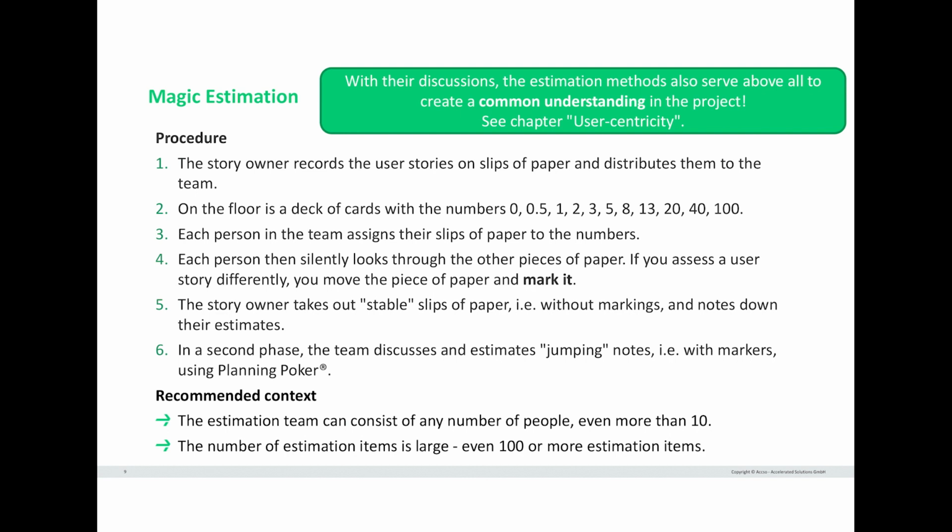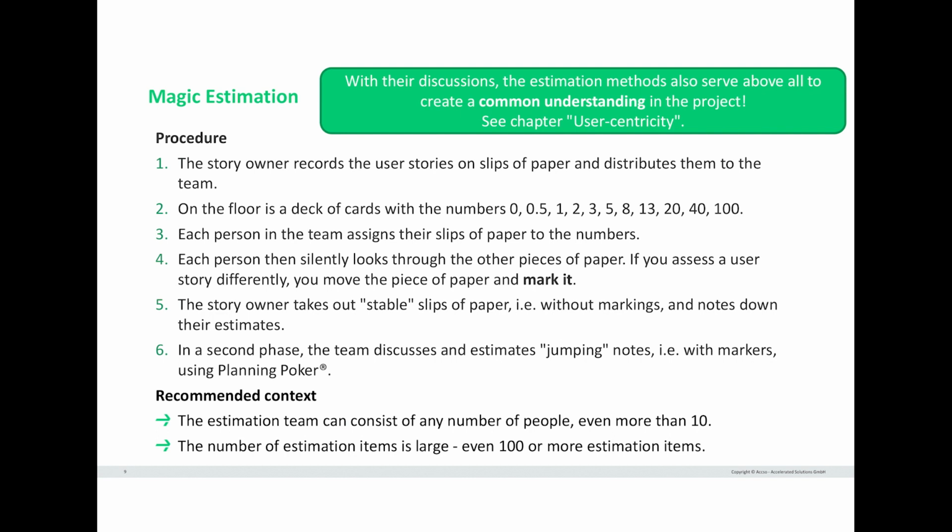The procedure for the magic estimation method is as follows. The story owner records the user stories on slips of paper and distributes them evenly to the team. On the floor or on a table is a deck of cards with the modified Fibonacci numbers. Each person in the team assigns their slips of paper to the numbers. Each person then silently looks through the other pieces of paper. If you assess a user story differently, you move the piece of paper and mark it.